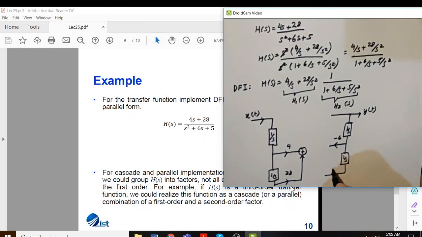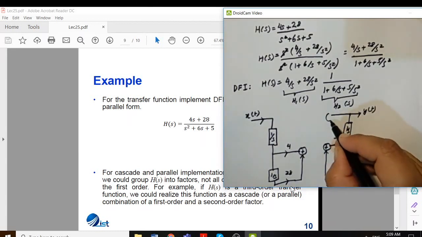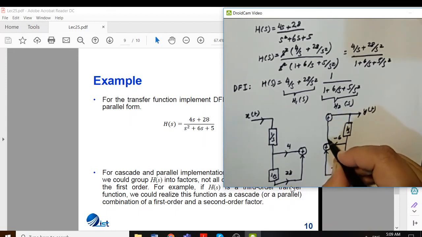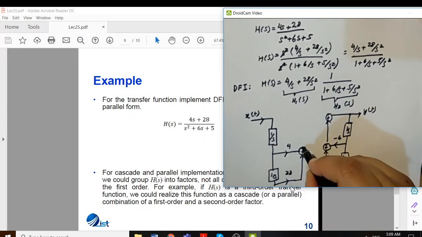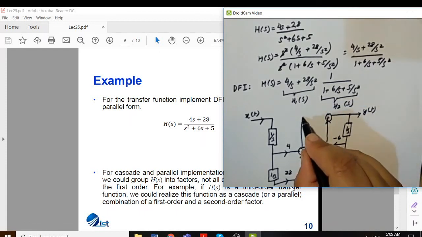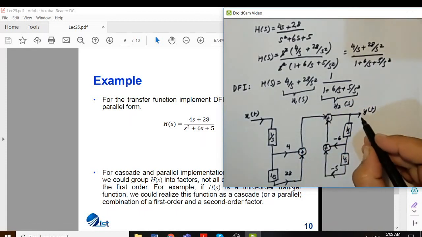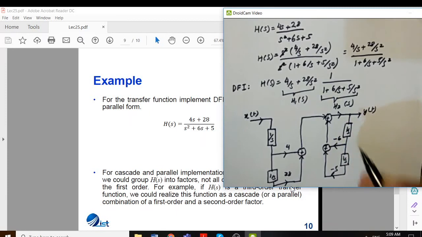So this is minus 5. This gets added, this is the direction of arrows, and this part gets added to it, and this is your direct form 1.